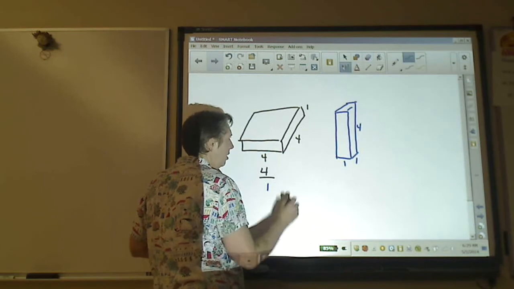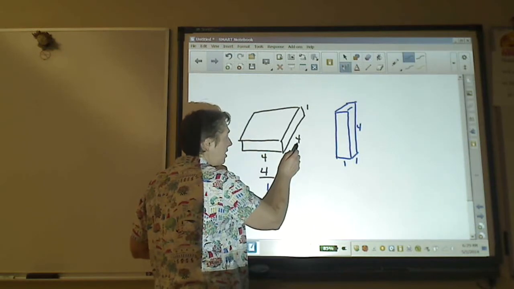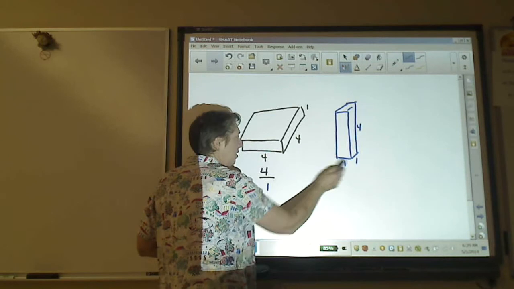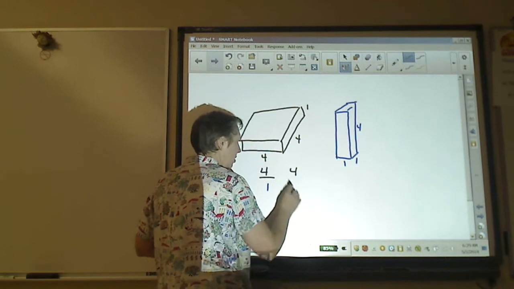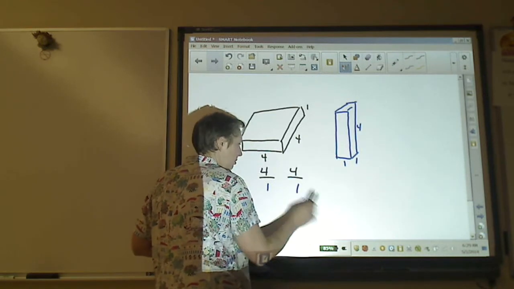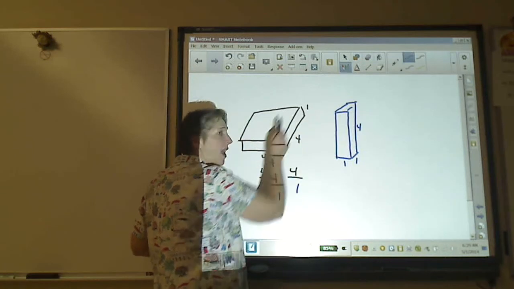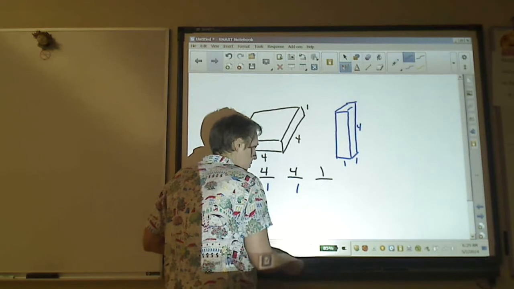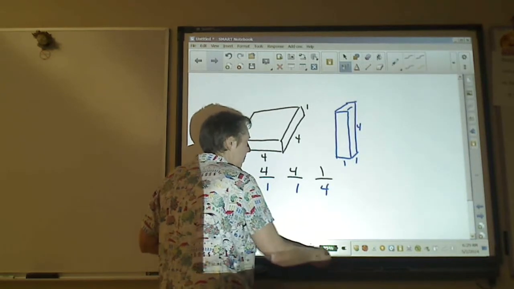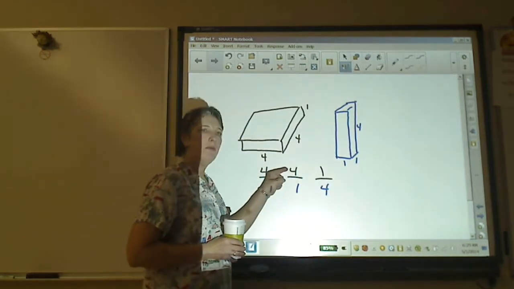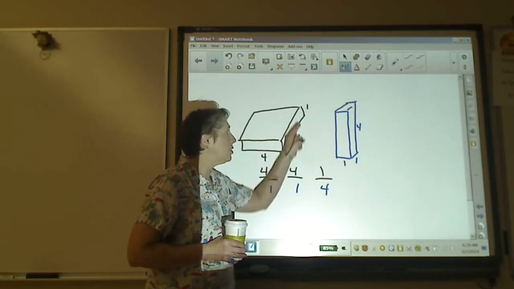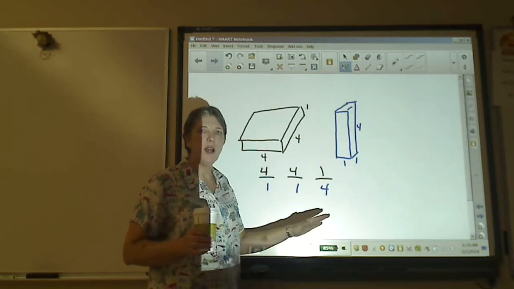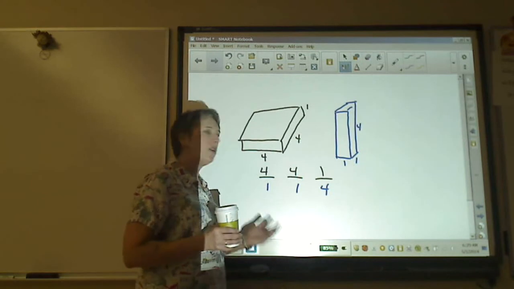Now this is the depth, and I'm going to go 4, 2, 1. And then the height goes 1, 2, 4. This is 4 to 1, this is 4 to 1, but this one's 1 to 4. They're not similar mathematically, so they're not proportional.